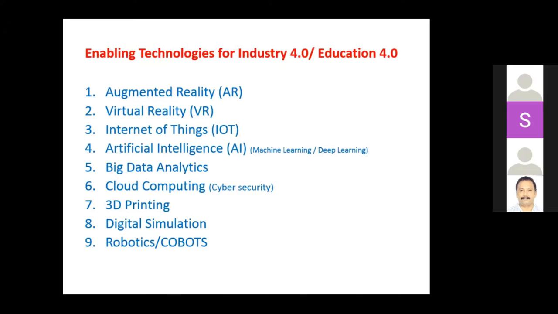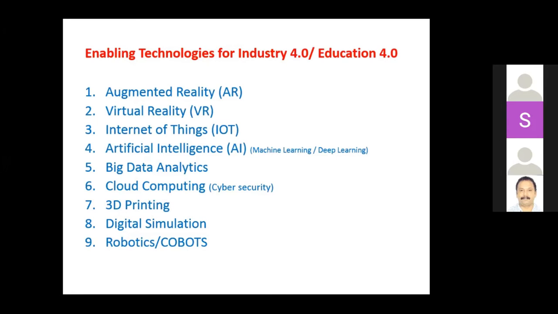So you can see, if you Google Industry 4.0, you will find various articles, and from that you will come to know that these are the enabling technologies which Industry 4.0 is talking about. And therefore our talent pool should be nurtured in this direction.